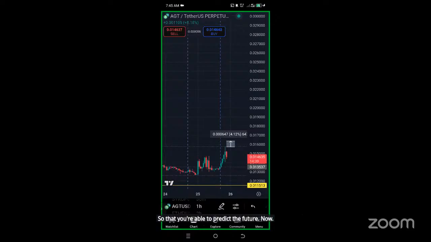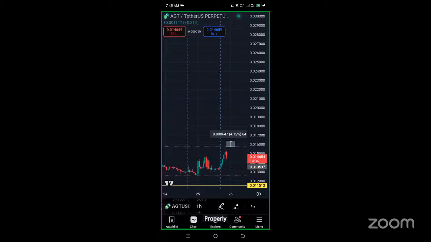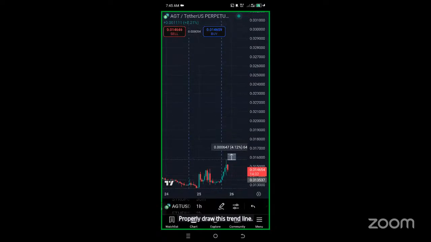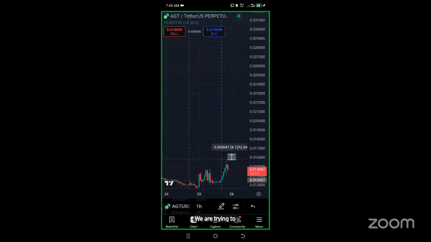Now, why is it very important for you to learn how to properly draw this trend line? Number one is that it helps you monitor and analyze how price action fares on approaching this trend line. Remember, we are trying to predict a future price movement. So we have to base on what has already been captured, or the footprint of what has been established.